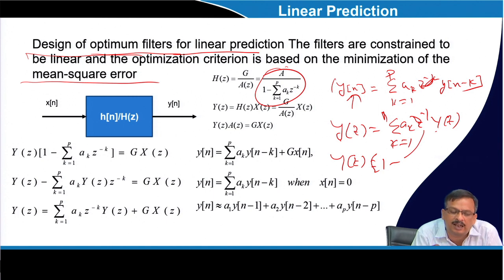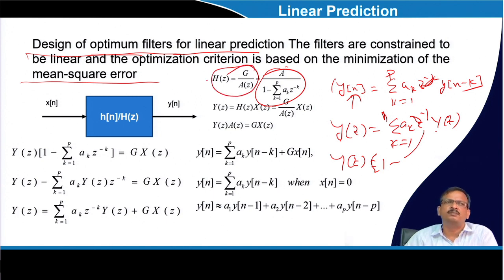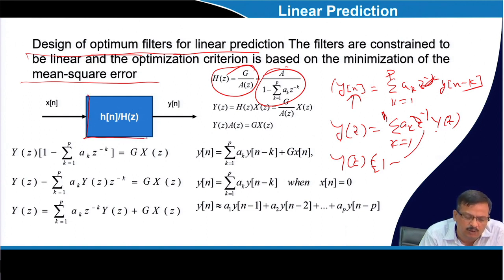So, it is nothing but an autoregressive model. Let us say this is my system, which is called the linear predictor H z. H z is a system which is the linear predictor. If I give x n as an input, I get y n as an output.